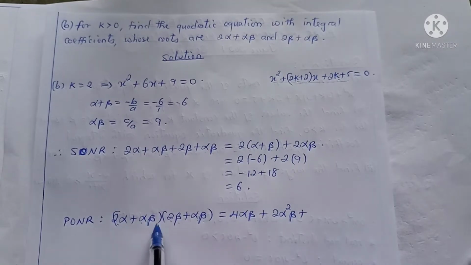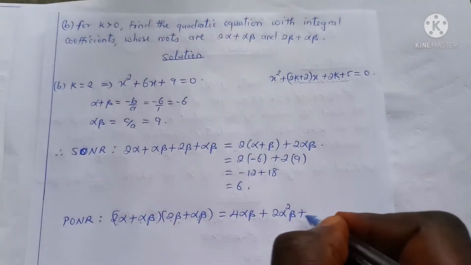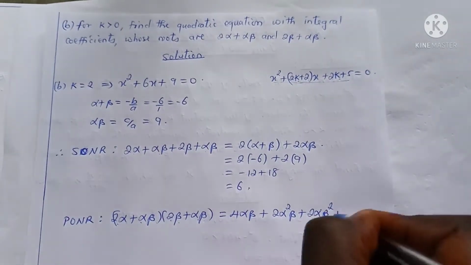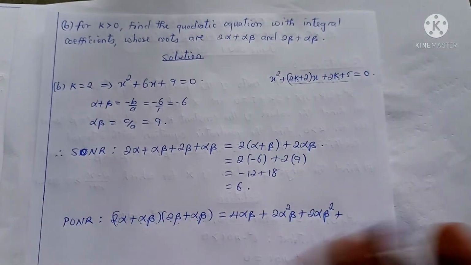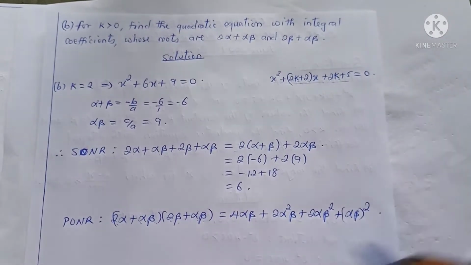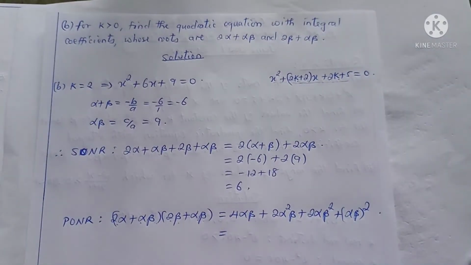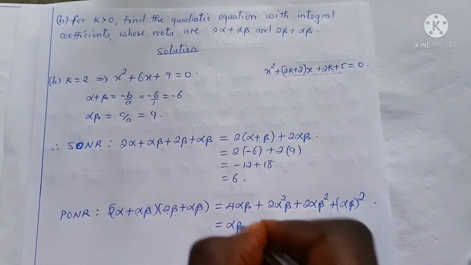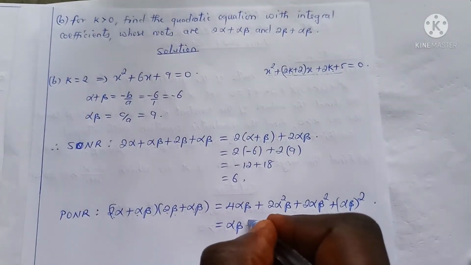Now, if we take alpha beta times 2 beta, we're going to obtain 2 alpha beta squared, plus, if you take alpha beta times alpha beta, we're going to obtain alpha beta all squared. So if you look at all these terms, you discover that alpha beta is common. And if you factor out alpha beta, this is what we're going to obtain.